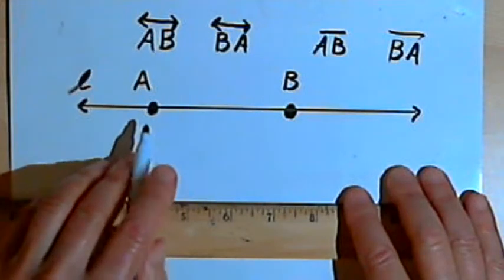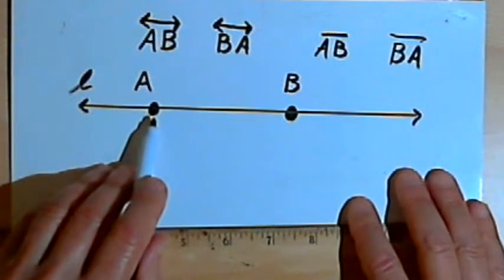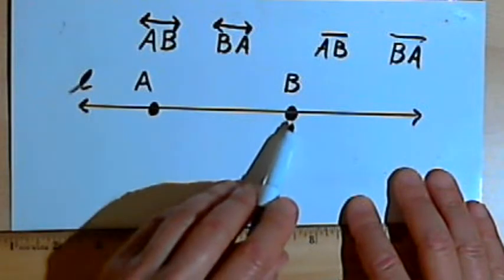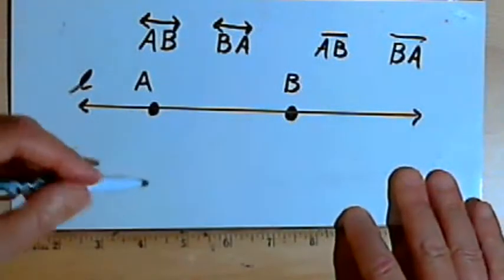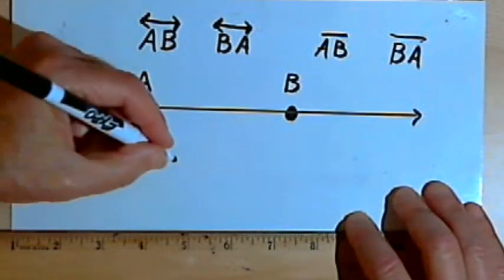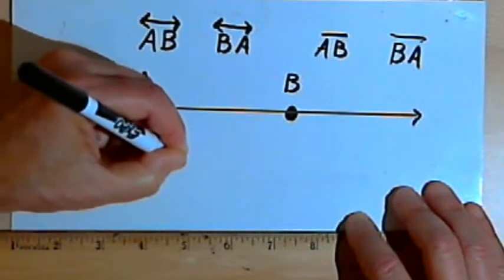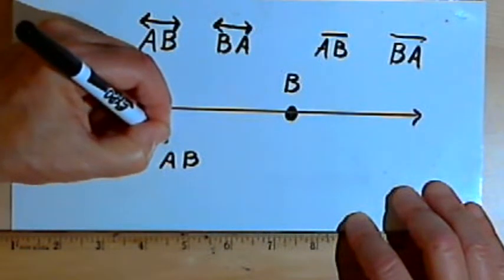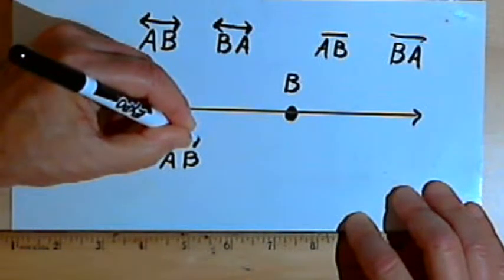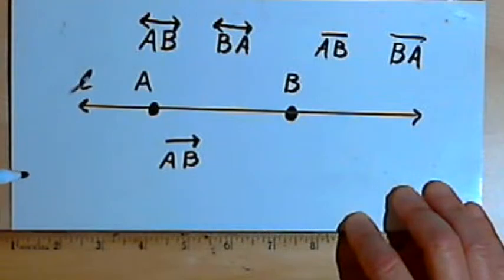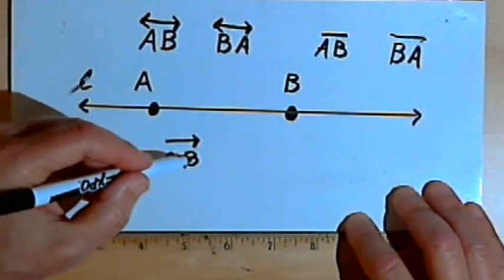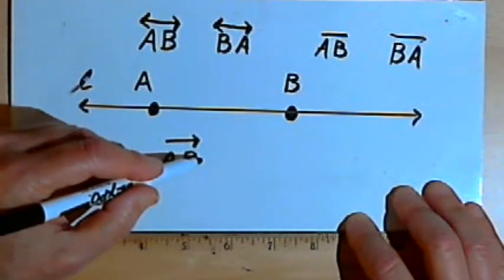Or what I might want to do is just talk about the part of the line that starts at point A, goes through point B, and keeps going. That's called a ray. And my notation for that, for ray AB, let's say, would be to write AB and an arrow over it, pointing to the right, to show that we start at point A, go through point B, and keep going.